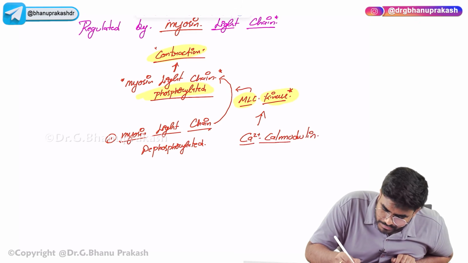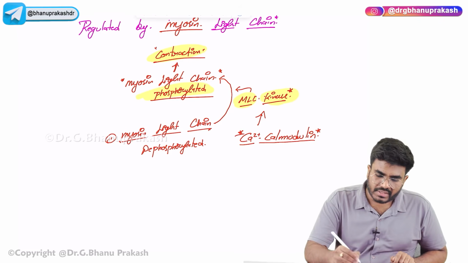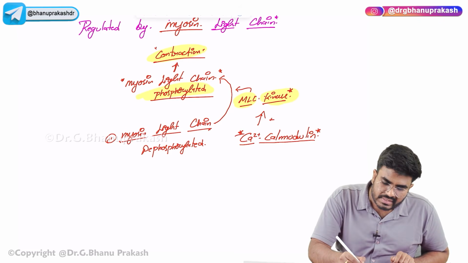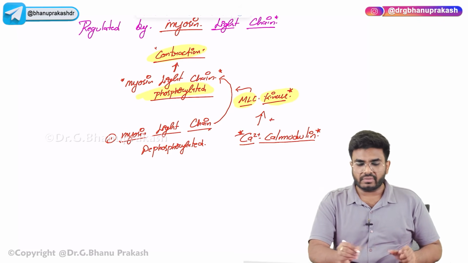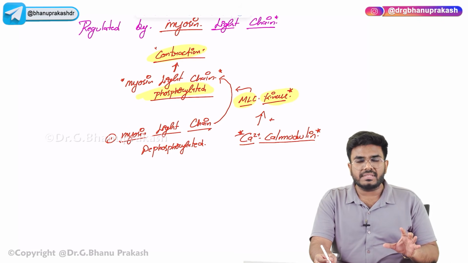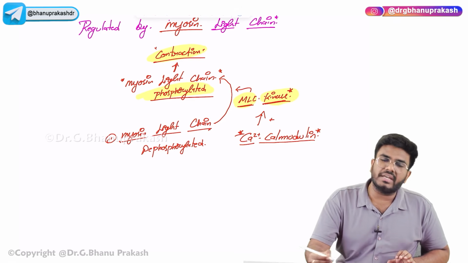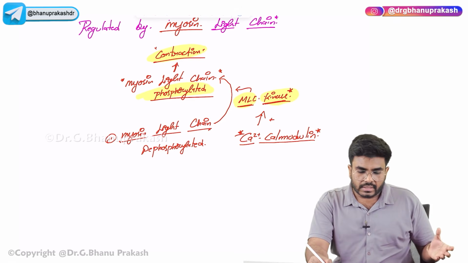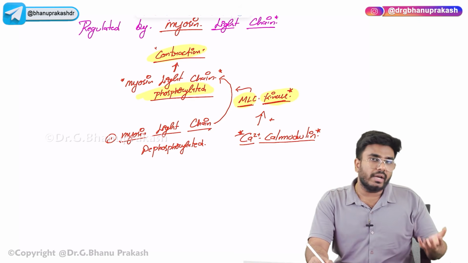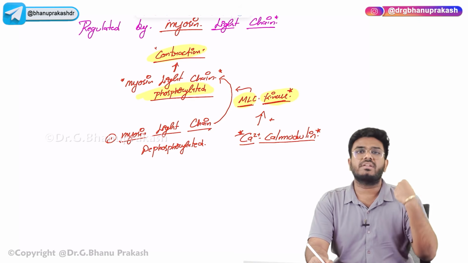There is something called a calcium calmodulin complex. Once the calcium calmodulin complex is present inside the smooth muscle, it is going to activate the myosin light chain kinases, and they are going to phosphorylate the myosin light chain. So phosphorylated myosin light chain is going to cause the contraction of the smooth muscle.